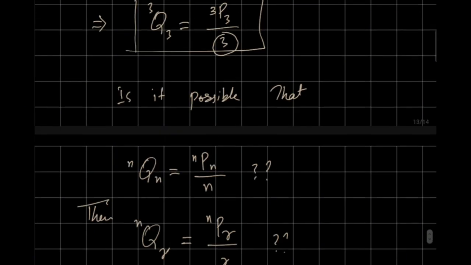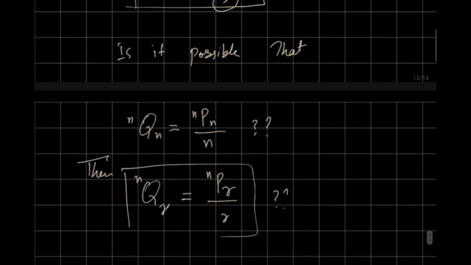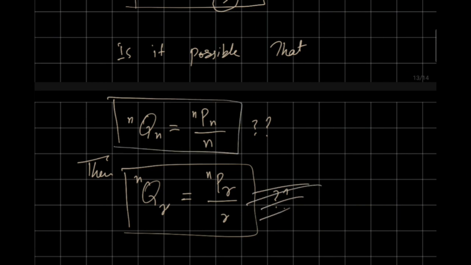So my claim is this is true. So if I prove the second one, then the first one will be proved automatically, because in the second one I will replace r by n. So I will prove the second one. Okay, look how to prove.